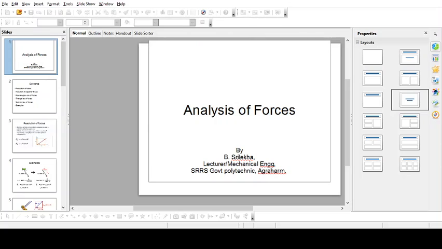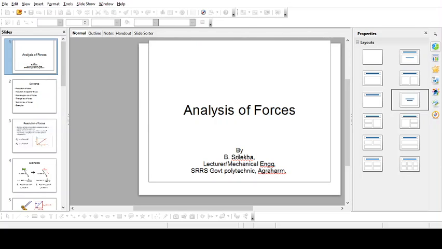In the parallelogram law of forces, we give a statement that if two forces are represented in both magnitude and direction by the two adjacent sides of a parallelogram, then the resultant is represented by the diagonal passing through the point of intersection of the two adjacent sides.